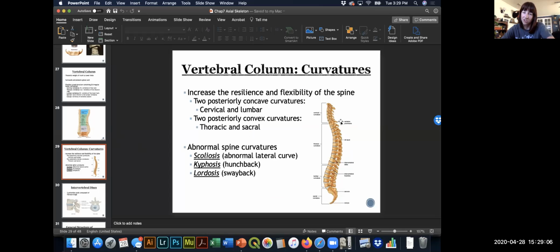You really exaggerate this right here. And lordosis or swayback is when you exaggerate this curve. It happens to pregnant women a lot because of lower back pain. You stick your butt out and your lower back curves in too far. And that's called lordosis.